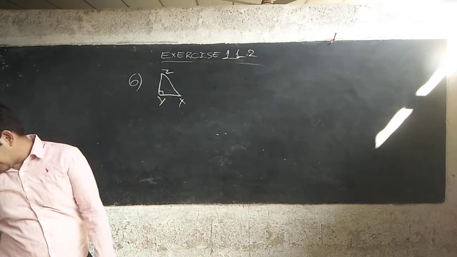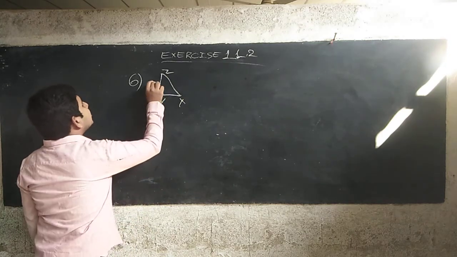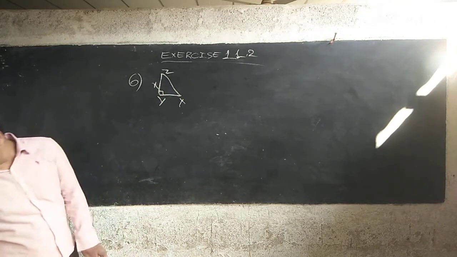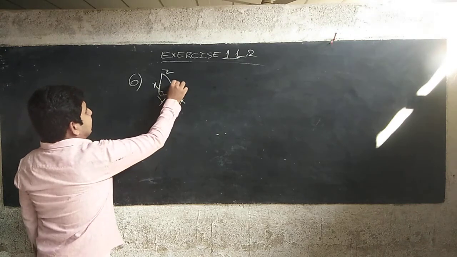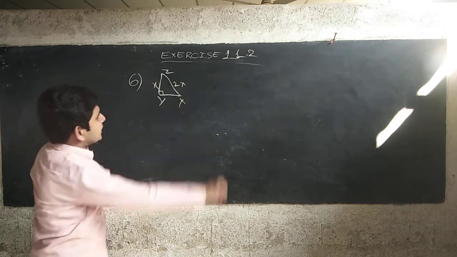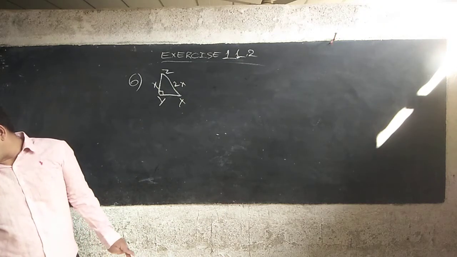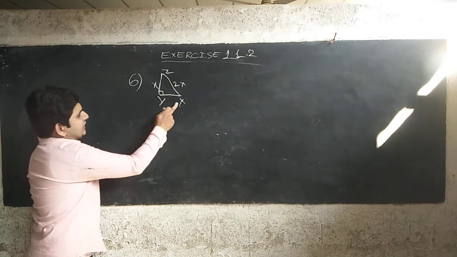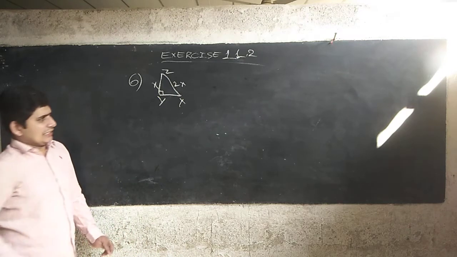Now again, YZ equal to x. Length of YZ is x, and XZ equal to 2x. Then determine angle YXZ and angle YZX.